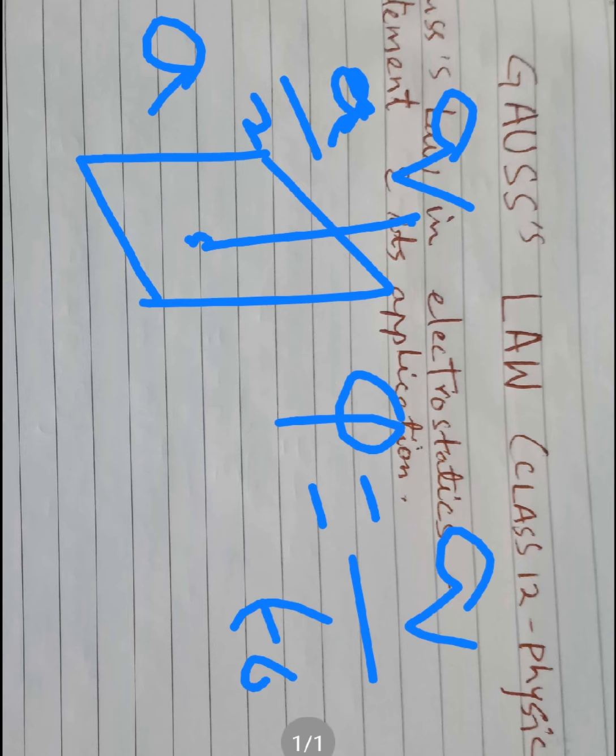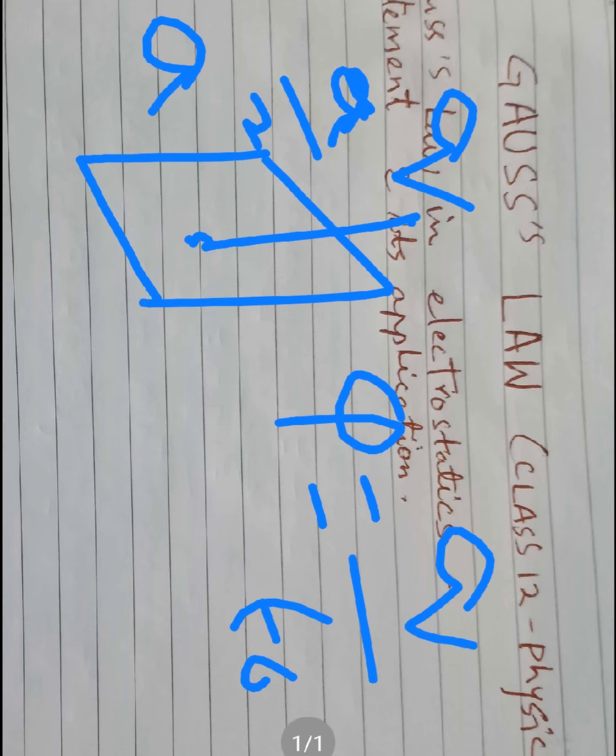I will take one more example. Say there is a Gaussian surface, with three point charges Q1, Q2 and Q3. Then what will be the net flux? The net flux passing through this surface is equal to the net charge enclosed.